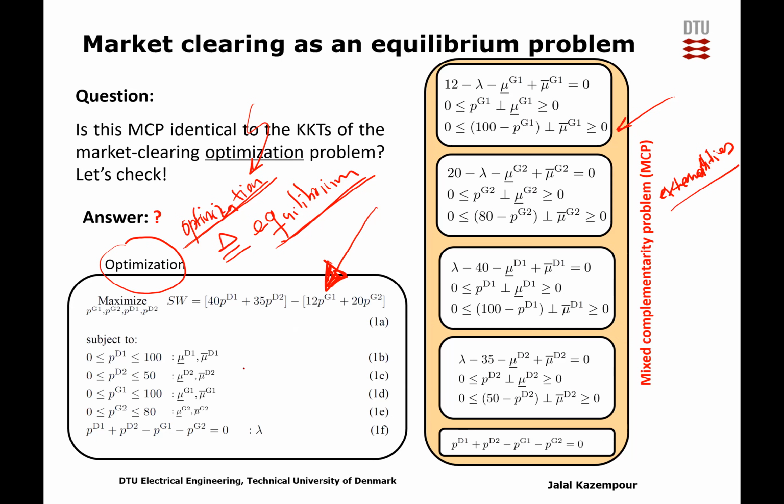Market failure means that the optimization problem no longer has an equivalent equilibrium problem, so some generators or demands may like to deviate from the market outcomes.